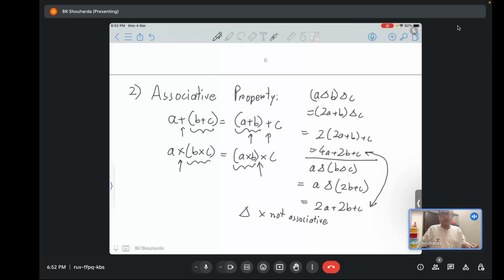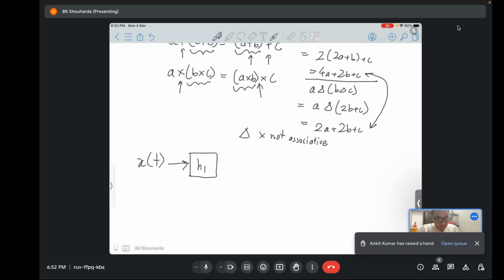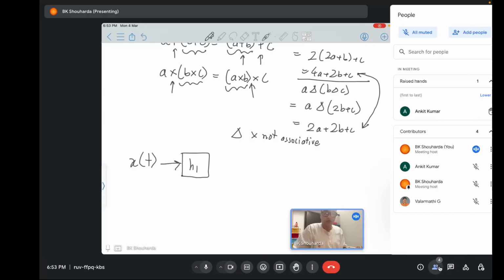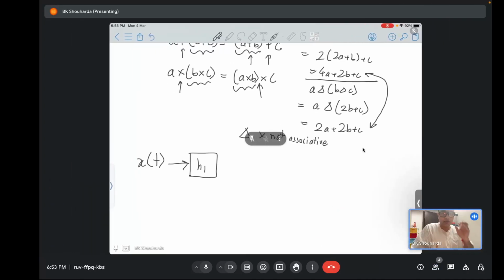So what does this mean? xt going into h1. Ankit Kumar, you seem to have a question, so you can switch on your microphone. Sir, I want to know about operator delta. I have defined this by myself.